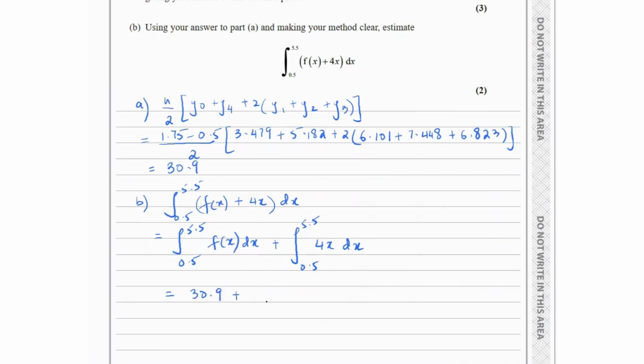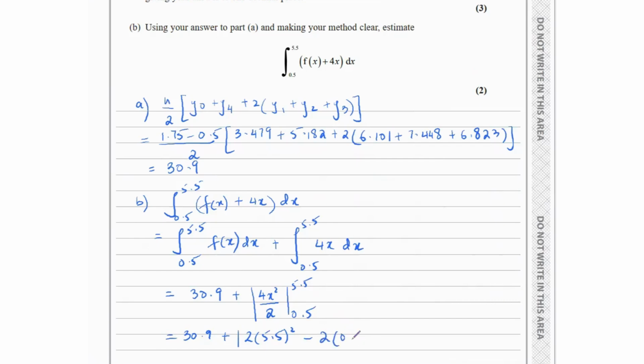We integrate 4x, which is going to be 4x squared over 2. We add 1 to the power and divide the term by the new power. So from 0.5 to 5.5, that's 30.9 plus 2 times 5.5 squared. Remember, we always put the bigger value first, then the smaller value.